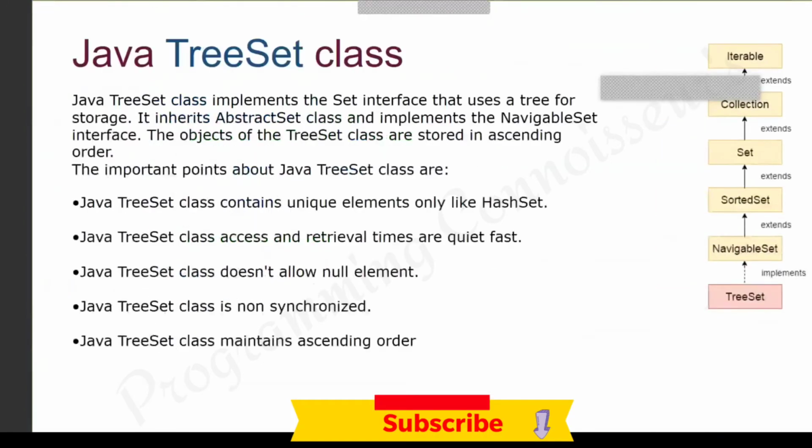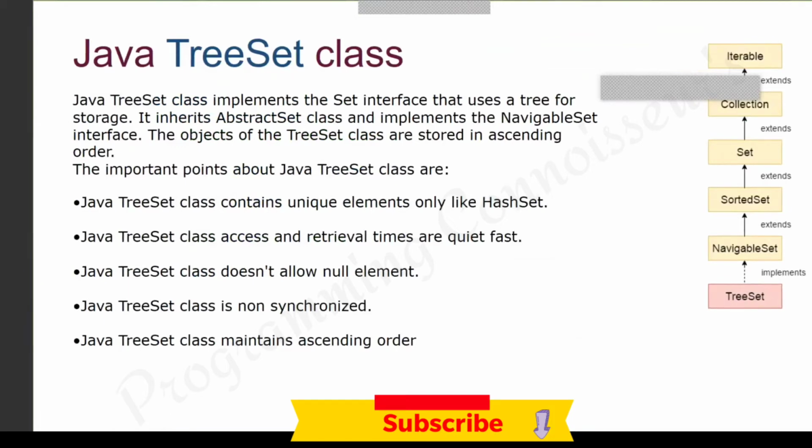Now why is the tree set giving you sorted order? If you see on the screen, in the pictorial representation, a tree set implements a navigable set, which is an interface again, not known to many people, and inside it extends a sorted set.